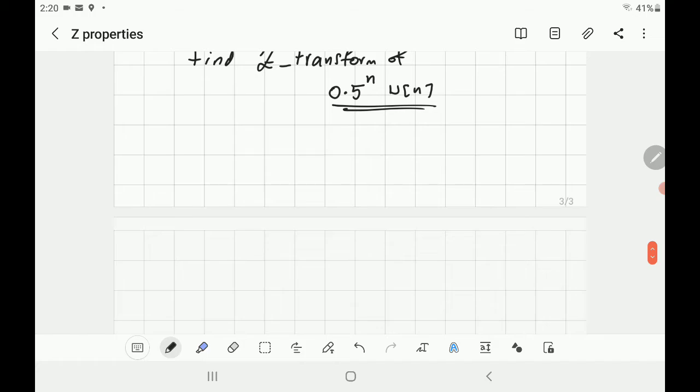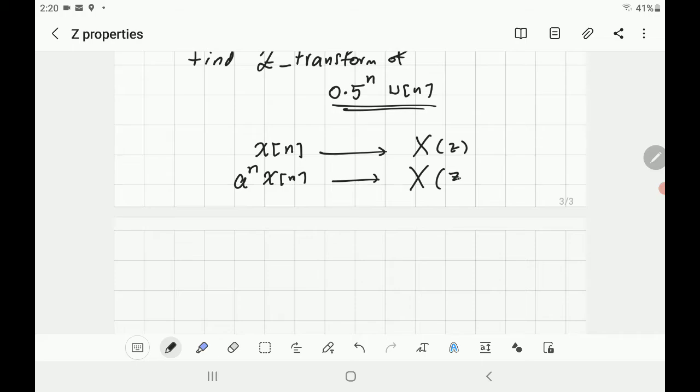The property said that if you have a sequence x of n, its z-transform is equal to X of z. If you are going to multiply by a constant a to the power of n, all you're supposed to do is get this z-transform and divide every z by the constant a.